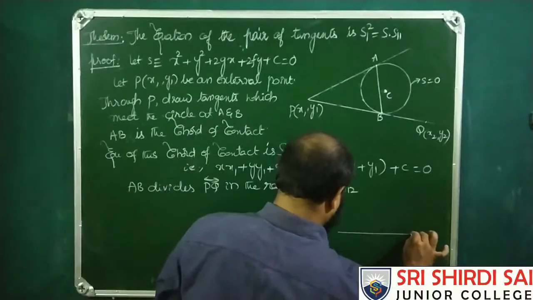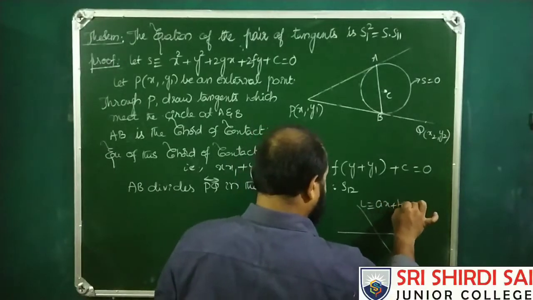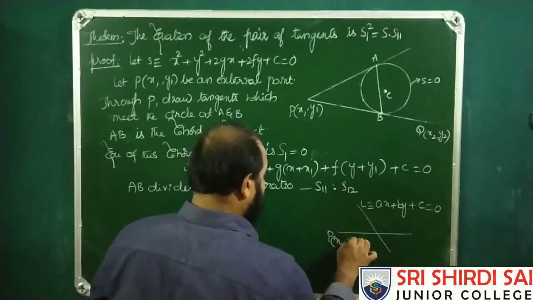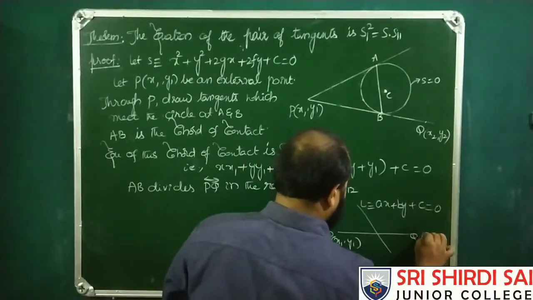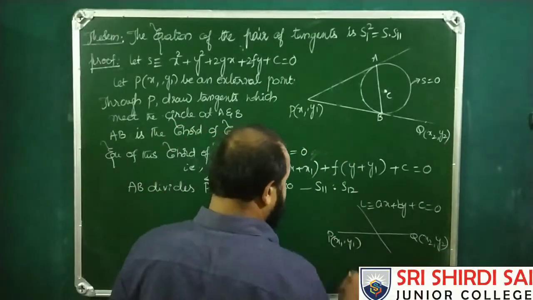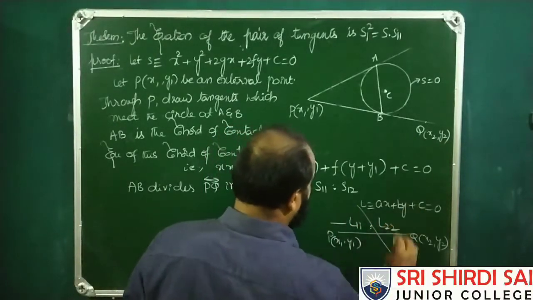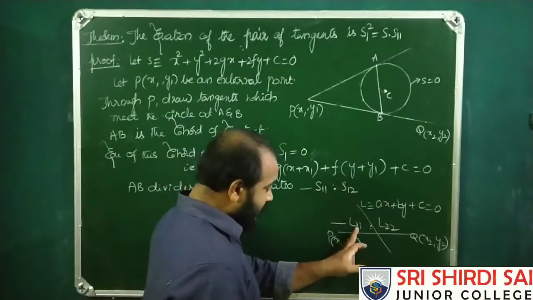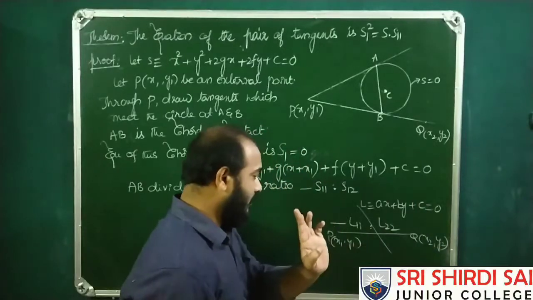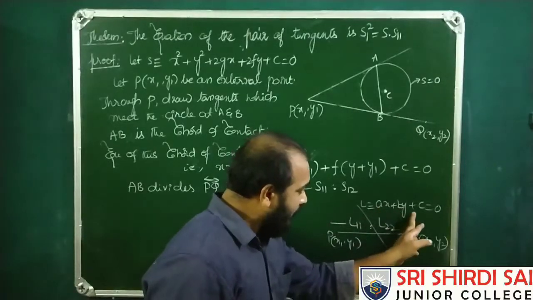For example, this is the line L, ax plus by plus c equals to 0, and this is P (x1, y1), and this is Q (x2, y2). So the line L divides PQ in the ratio minus L11 is to L22. L11 in the sense, substitute x1 y1 in this, ax1 plus by1 plus c. And L22, simply substitute x2 y2 in this, ax2 plus by2 plus c.